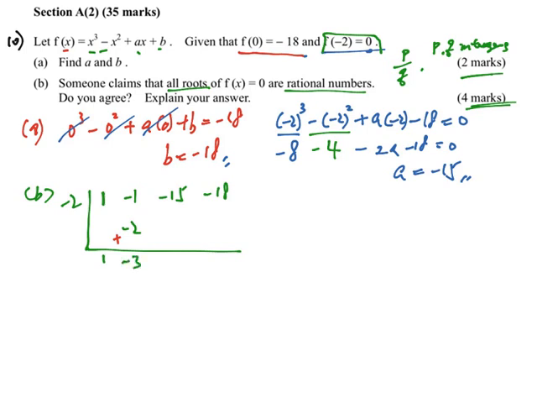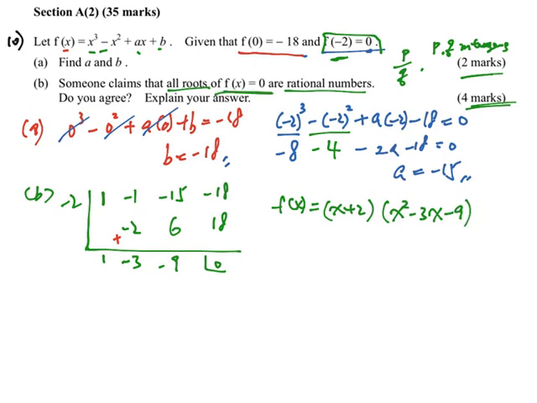Negative 3 times negative 2 gives positive 6, negative 9, and then lastly negative 18 plus 18 is 0. So that means the function f(x) is equal to x plus 2, because of this negative 2, then x squared minus 3x minus 9. We'll see if it is equal to 0, whether it is rational or not.